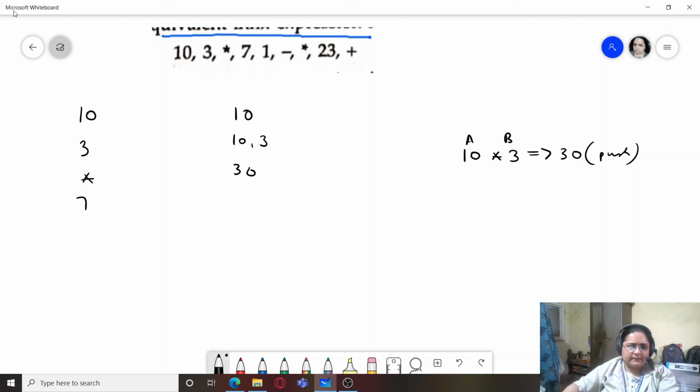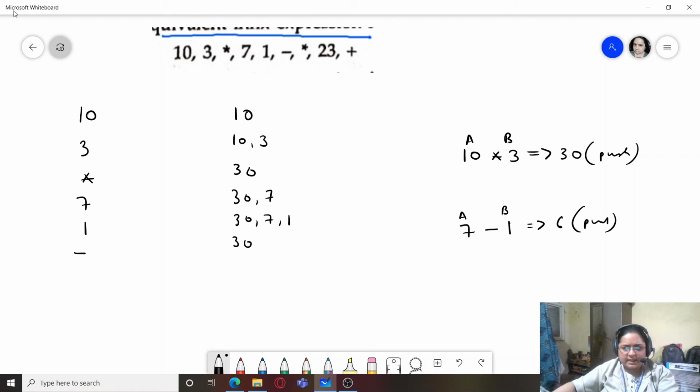Next is 7, push it to the stack, then 1, push it to the stack, then a minus is there. So leaving 30, we will pick out 7 and 1. So 7 will be A minus 1, that is B.